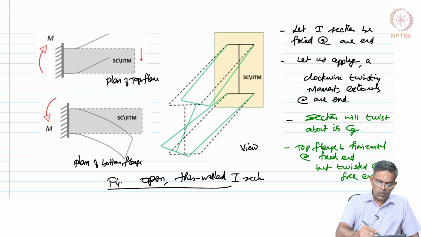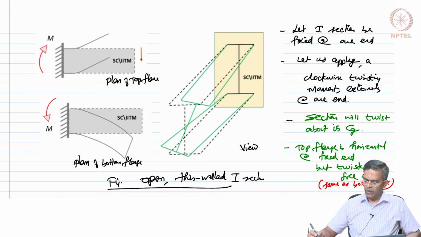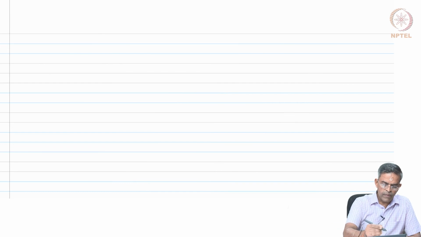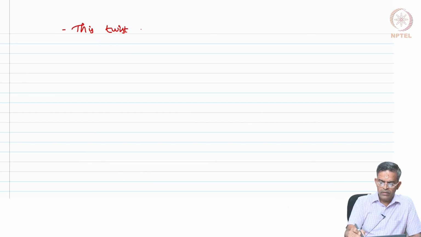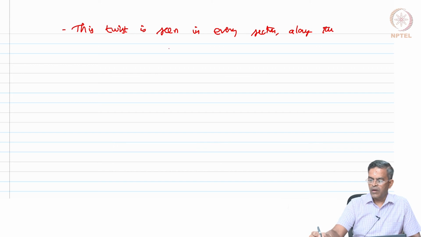Same with the bottom flange also. Now one can say the twist is seen in every section along the length of the beam.